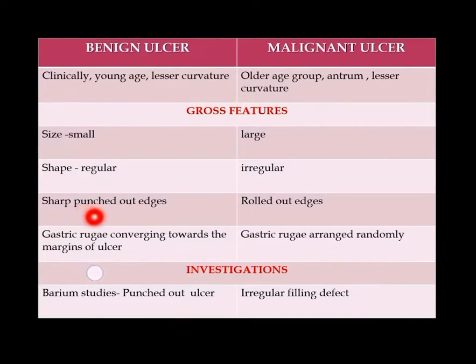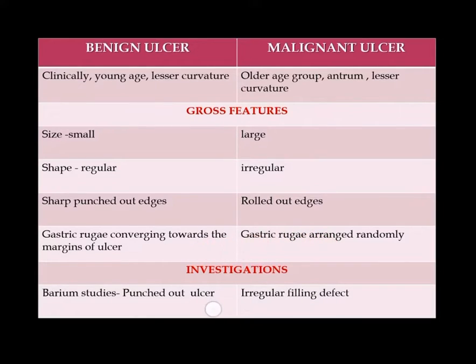It seems like the tissue has been punched out from the mucosa, while in malignant ulcer the edges are rolled out, like they are heaped up at the margins. Next important differentiating point, which I already told you, is that gastric rugae are radiating and seen converging towards the margin of the ulcer, while the gastric rugae are arranged randomly in case of malignant ulcer.